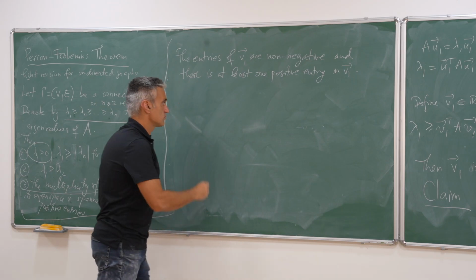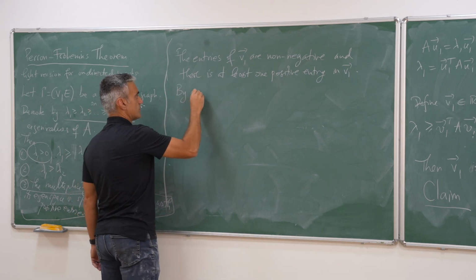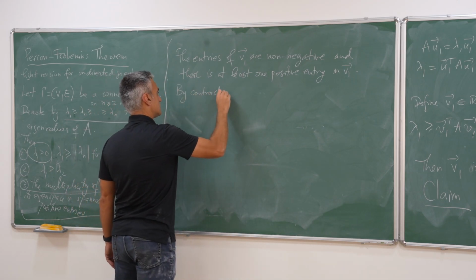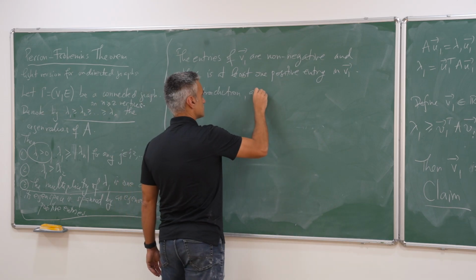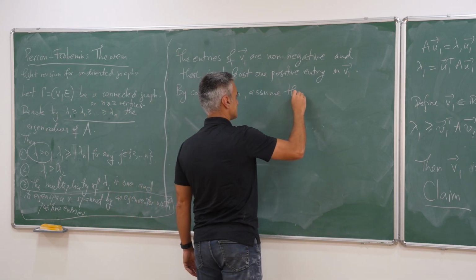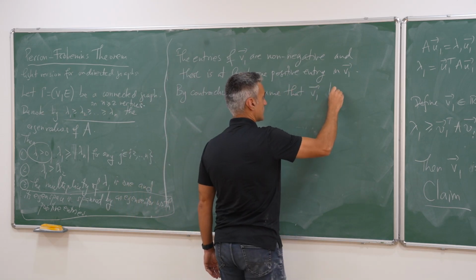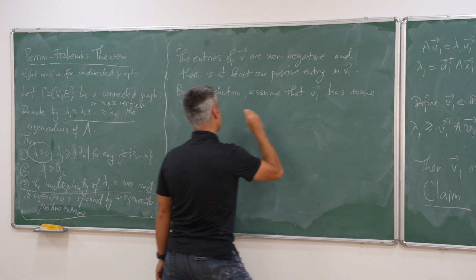Okay? Now, by contradiction, assume that V1 has some zero entries.